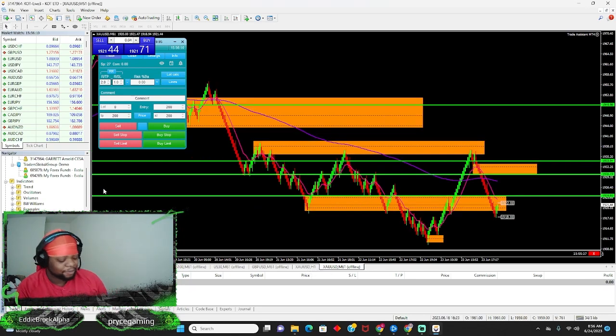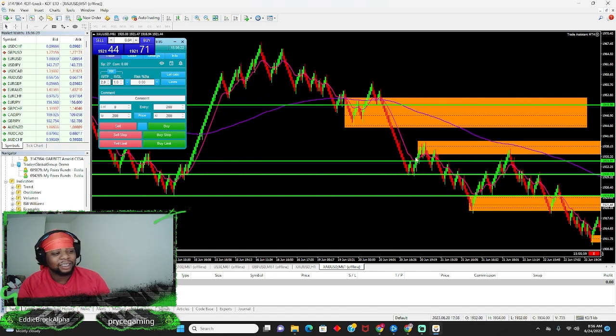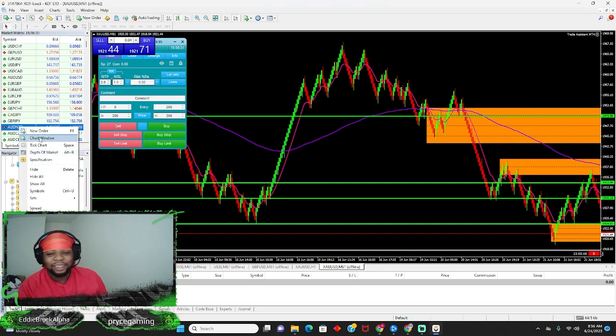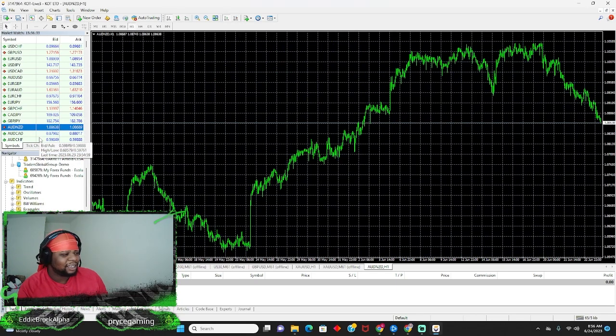So I'm gonna pick a new pair today. With this new pair, we're gonna basically learn said strategy. Like I said, there's no way to backtest, so the setups you're gonna see are already setups that happened. We're gonna find something on AUD NZD, because ain't nobody trade that.